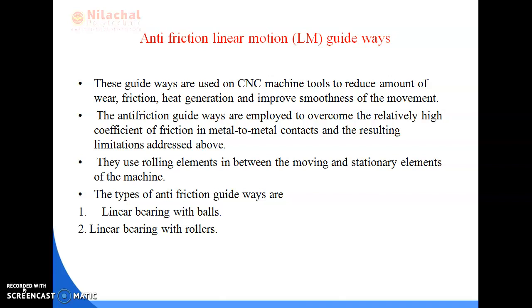Rolling elements are placed in between the moving and stationary element of the machine. The types of anti-friction guideways are linear bearing with balls and linear bearing with rollers. Means the bearing used here can be a ball bearing or a roller bearing.